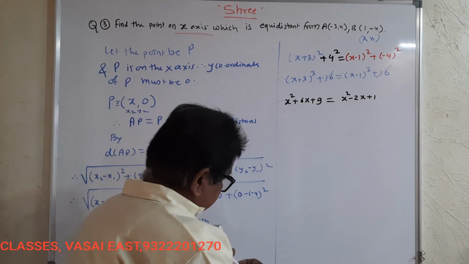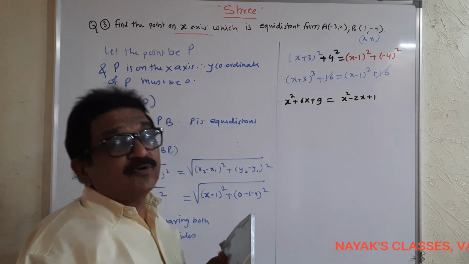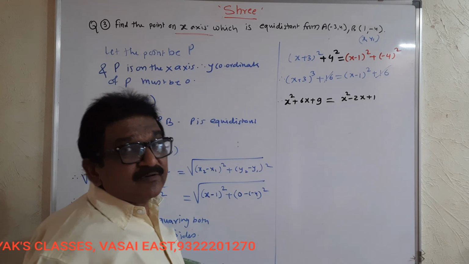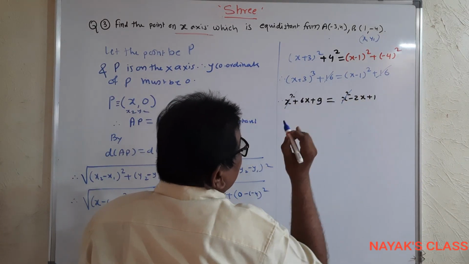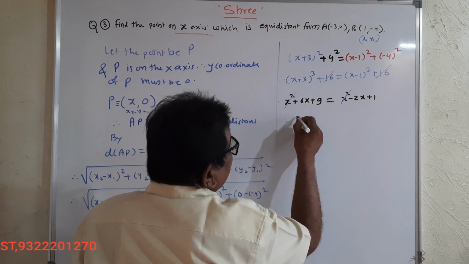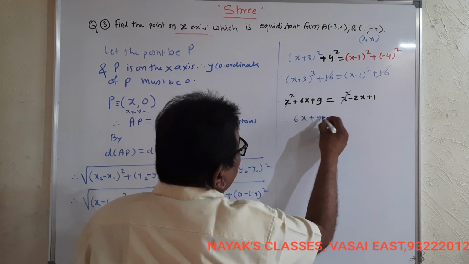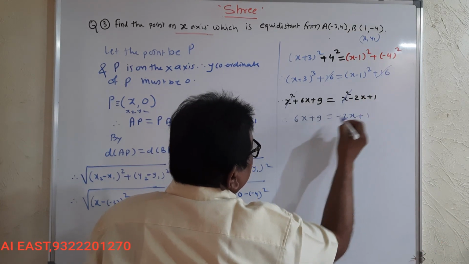You are in 10th standard now, you don't have to write all the steps. Quick answers and quick calculations. So this x square and this x square are gone. What we have is 6x plus 9 is equal to minus 2x plus 1.